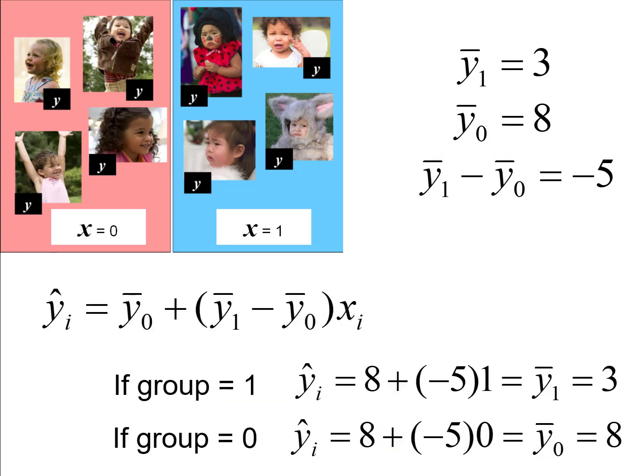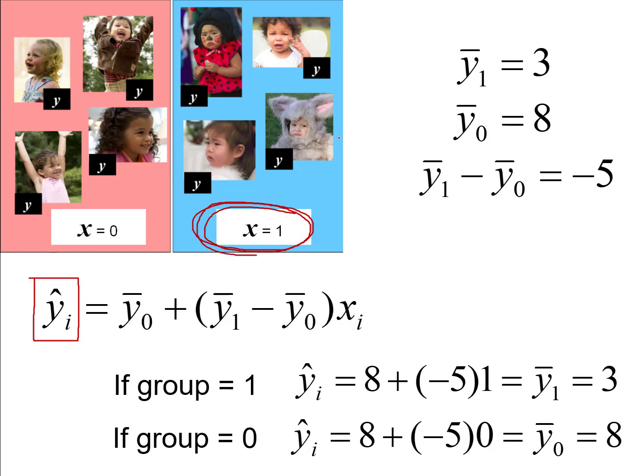So essentially what this equation is doing, it's setting things up so that each person's predicted score will be equal to the mean for whichever group that person belongs to. That is, the predicted score on y for individual i will be equal to the mean on y for whichever group person i belongs to. So for example, we have the people in our treatment group, the children that were forced to wear costumes.